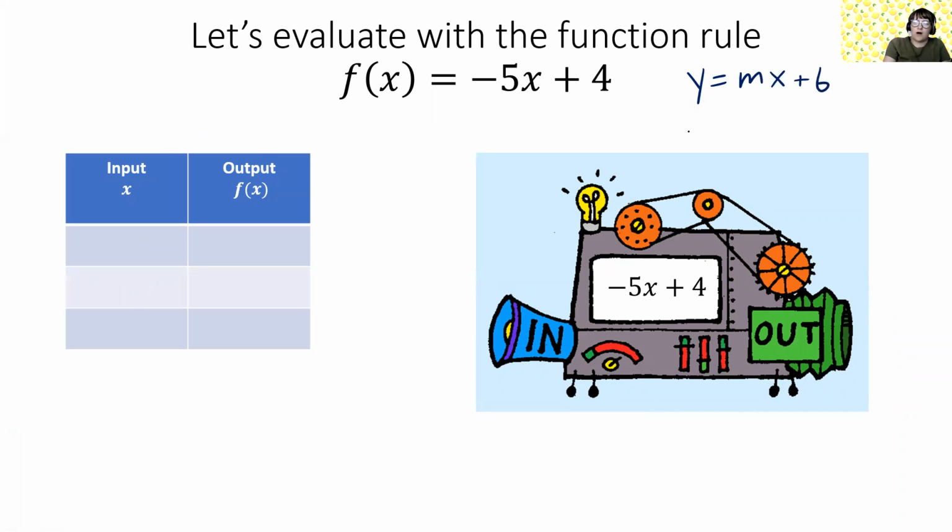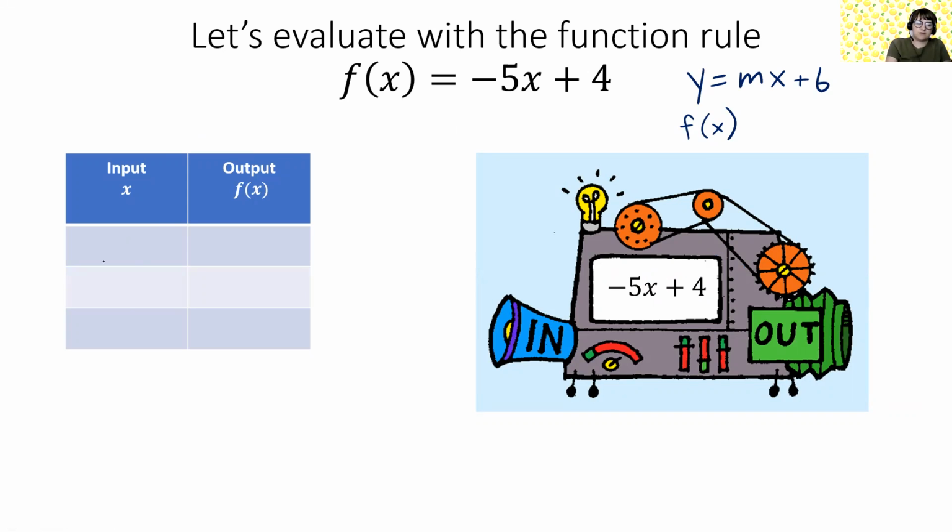But instead of y, when we're talking about functions, we call it f of x. Okay, so now my machine has a little more complicated of a rule, but the same theory applies. We're going to put something in, the rule is going to be performed on it, and then something's going to come out the other side.